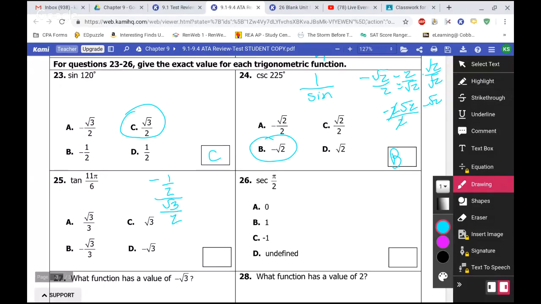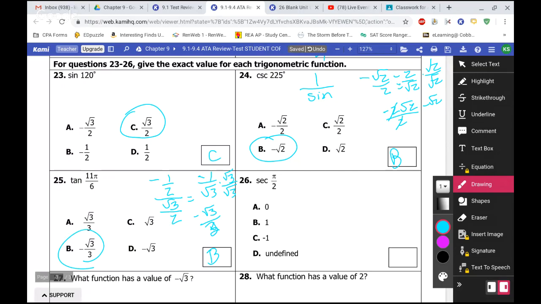And remember, when you have a complex fraction with matching denominators, you can just focus on the numerators, because if you were to keep flip change, those denominators are going to cancel each other out. So now we've got negative root 3 over 3. So B.